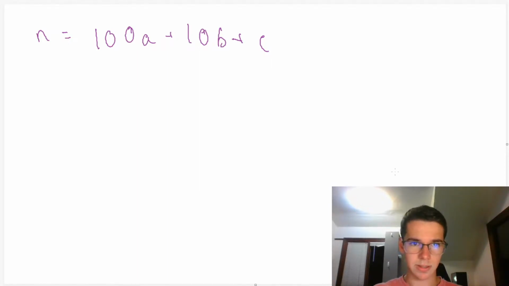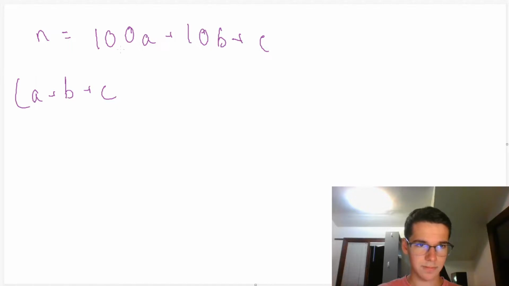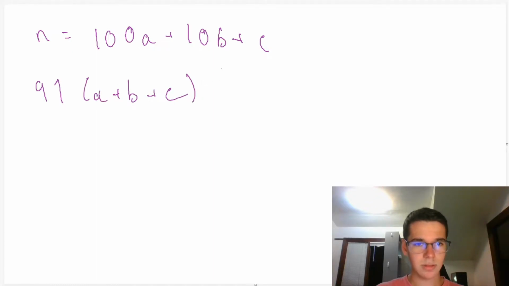Because a, b, and c are the digits, and we're saying if a plus b plus c is divisible by 9, then it must be true that 100a plus 10b plus c is also divisible by 9. Right, so let's get an equation going.